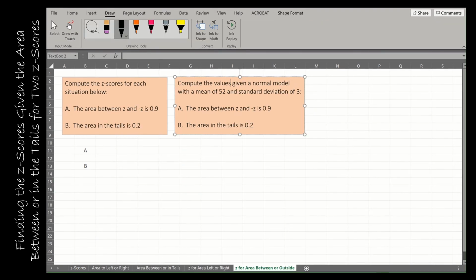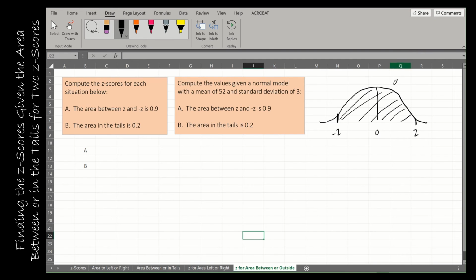The last examples are a little bit trickier only because you really have to understand the normal model. Keep in mind we have our normal curve, and when you have z-scores on it, you have a 0 in the middle. For question A, we're saying there's some value over here, and some value over here, where the area between the two values is 90%.